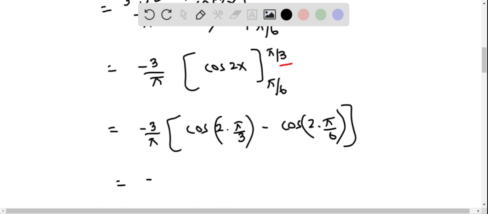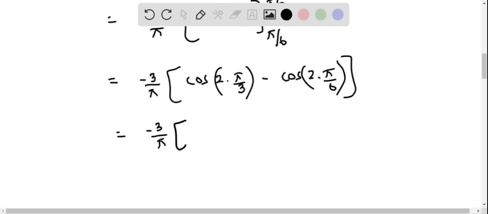So this equals negative 3 by pi, and this is cos 2 pi by 3, minus, can cancel this 6 with the 2 as 3 times, negative of cos of pi by 3.